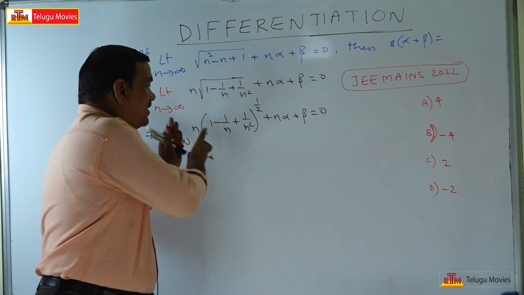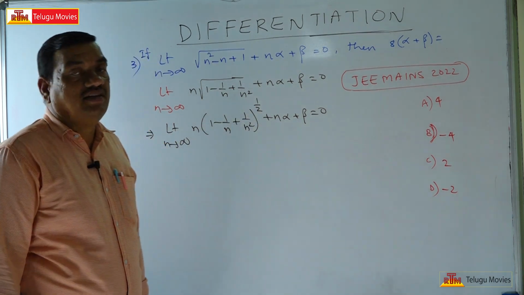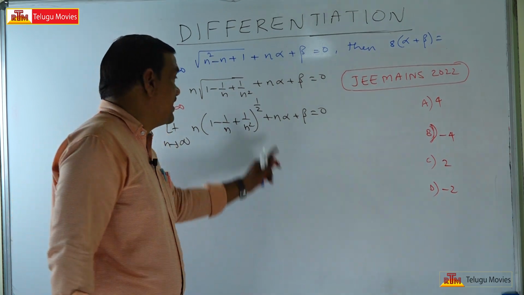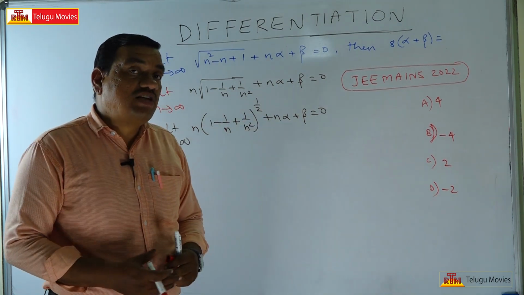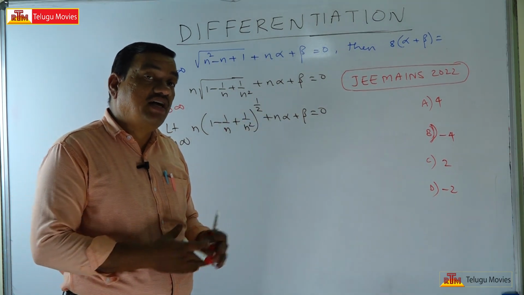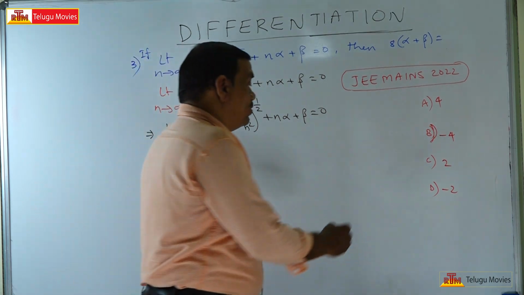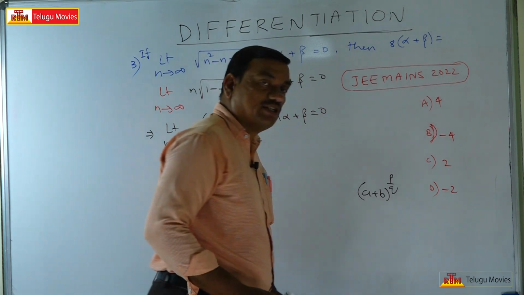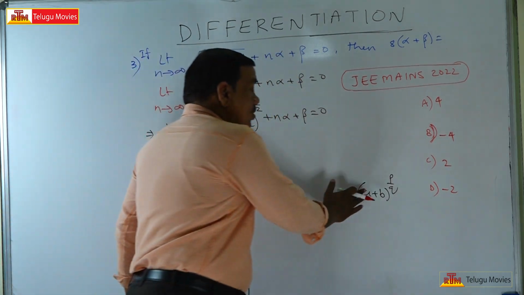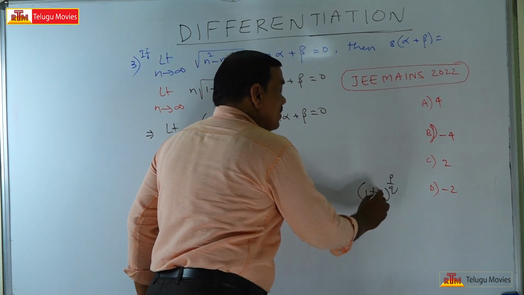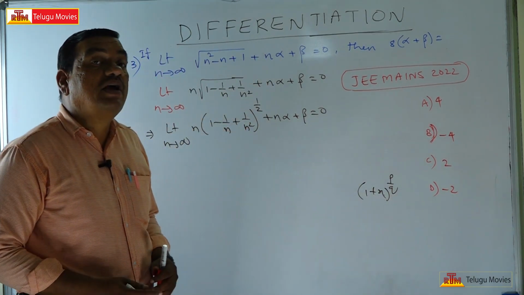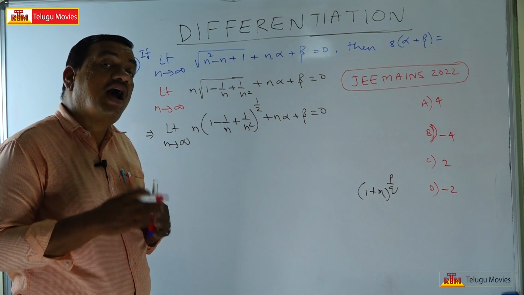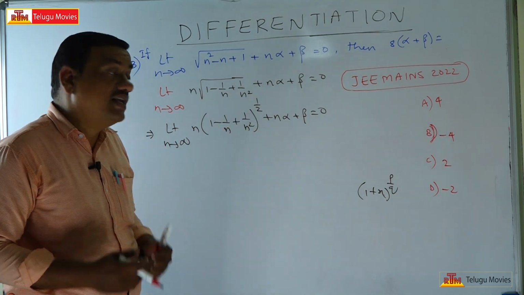So actually speaking, now you have to expand this. We know the binomial expansion for rational powers, that is (a plus b) whole power p by q. Here we use 1 plus x whole power p by q, and we will avoid the higher degree terms.